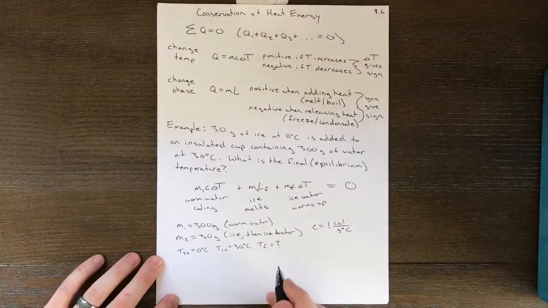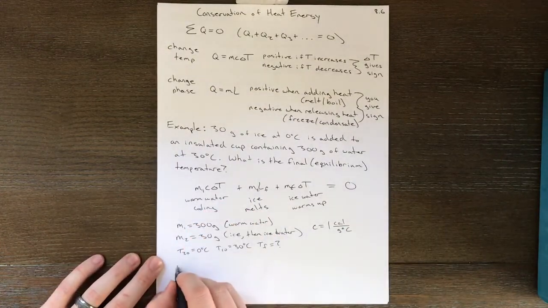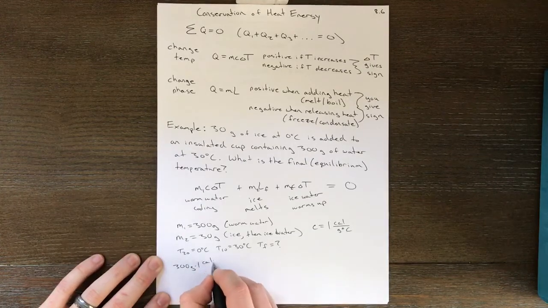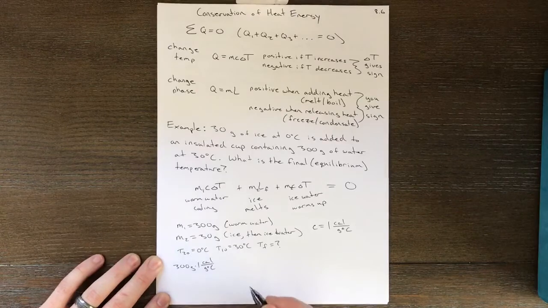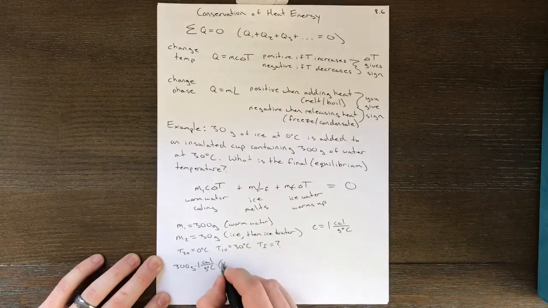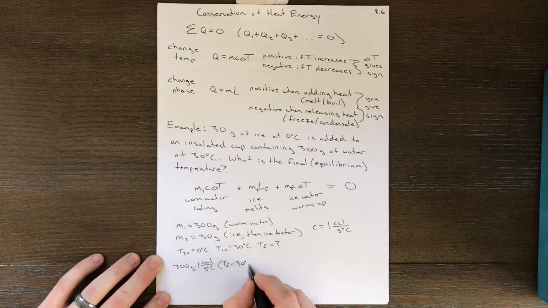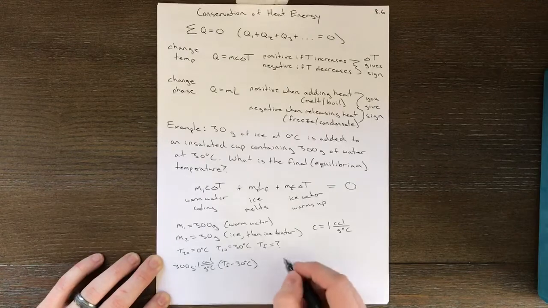Let me write this out in numbers now. So M1, 300 grams times 1 calorie per gram degree Celsius times T final minus T initial for the warm water, which was 30 degrees Celsius.